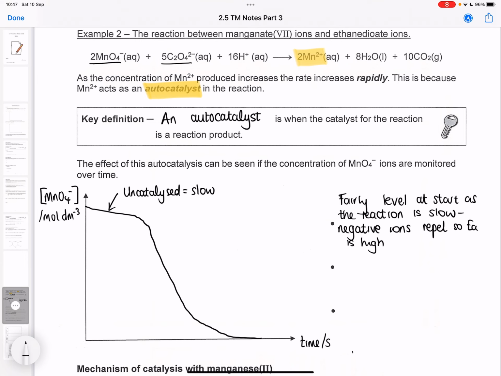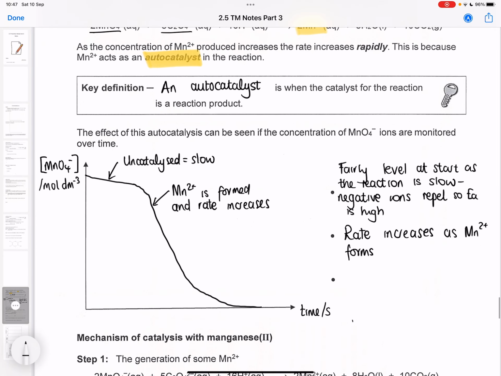Then all of a sudden Mn2+ is formed and the rate increases, so it gets much steeper. We're going to see the rate increase as Mn2+ is formed. And then at the very end, it seems to slow down and taper off.